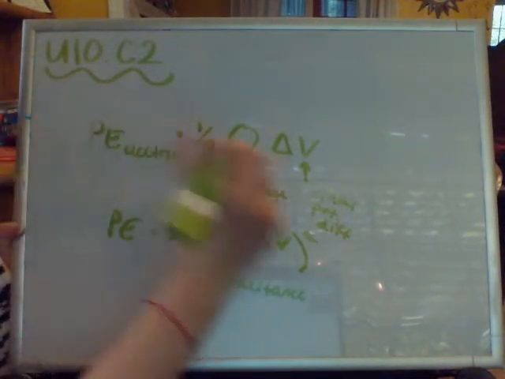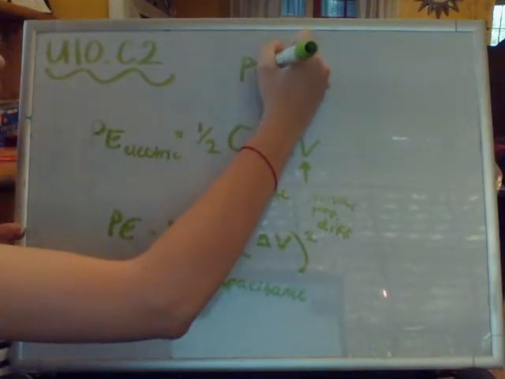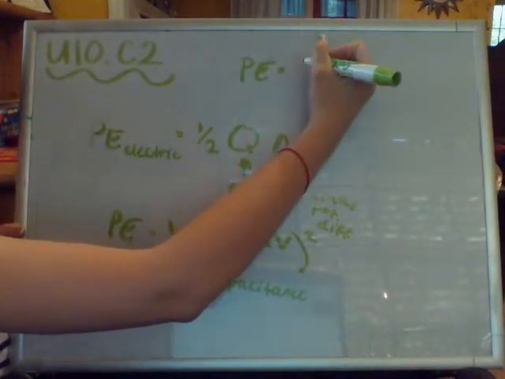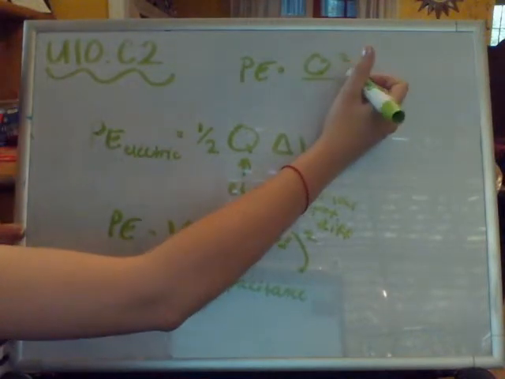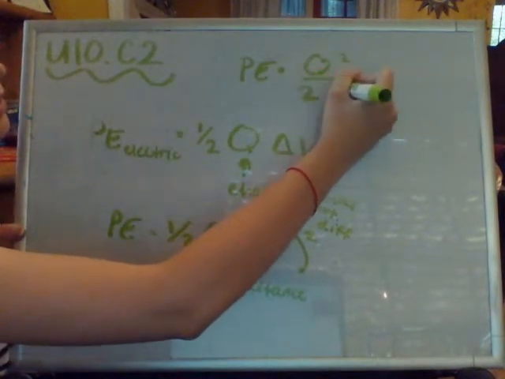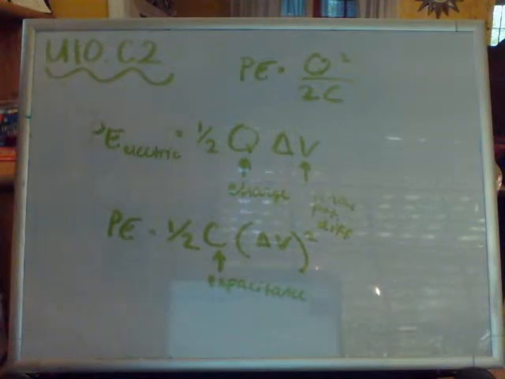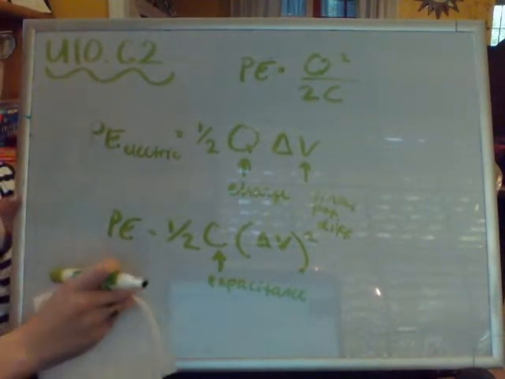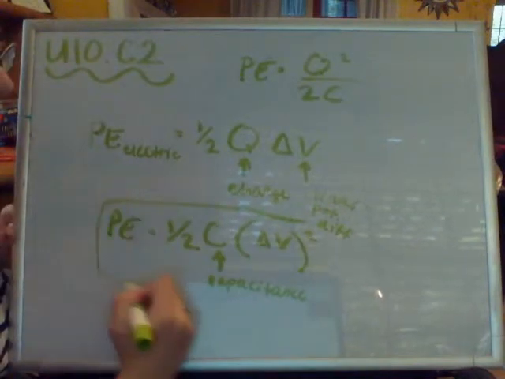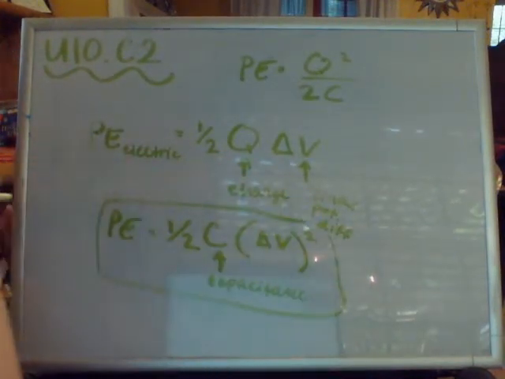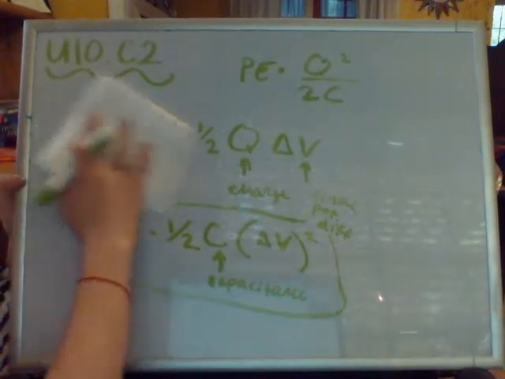And we also have PE equals Q, which is the charge, squared over 2 times the capacitance. Today we're going to be using this one down here in our problem.